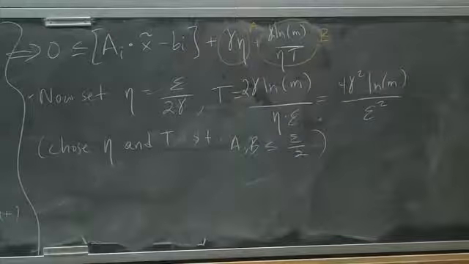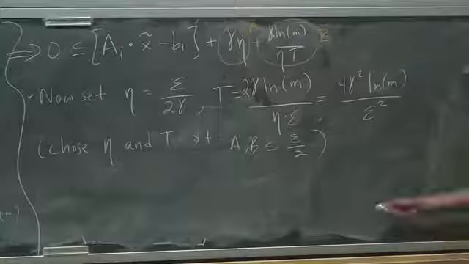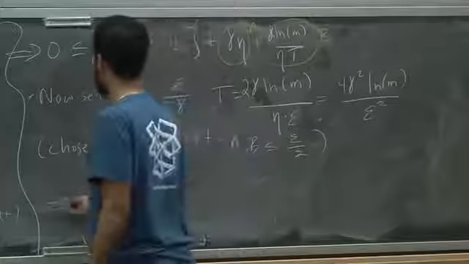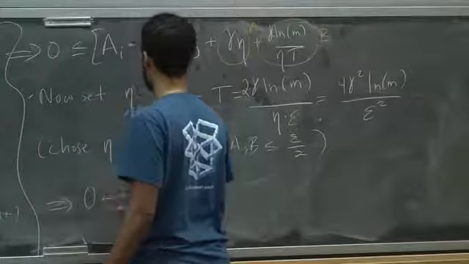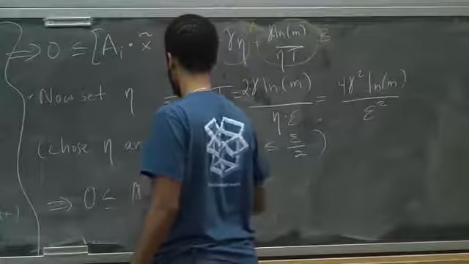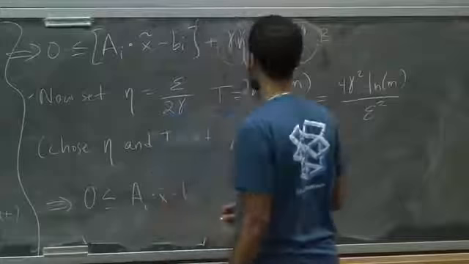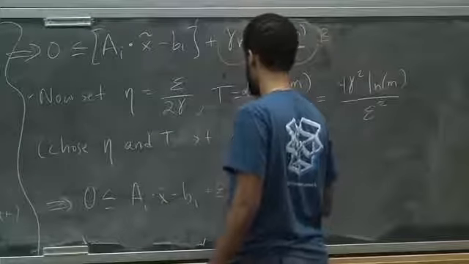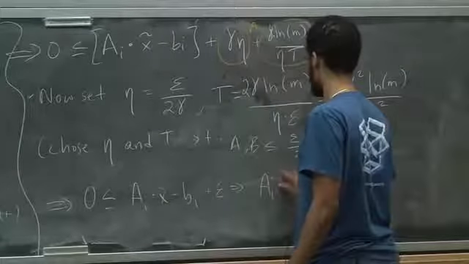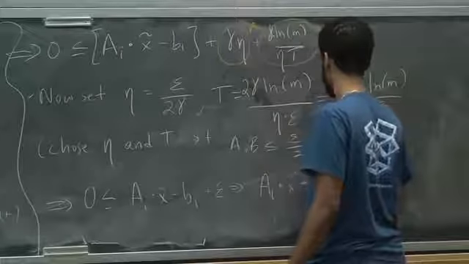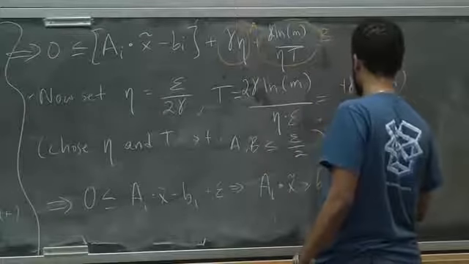That's all this was. So now this implies that 0 is at most ai dot x tilde minus bi plus epsilon, which implies that ai dot x tilde is at least bi minus epsilon.